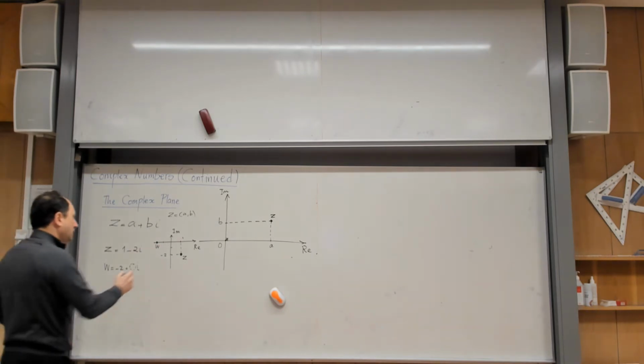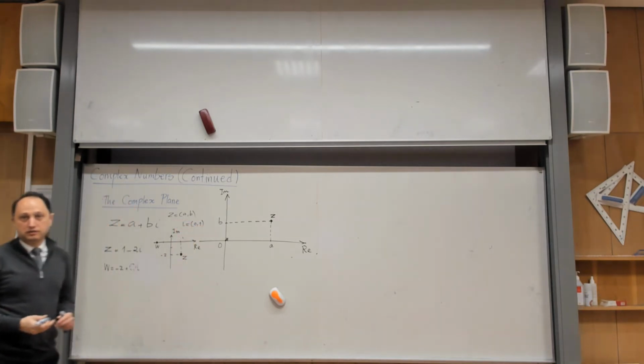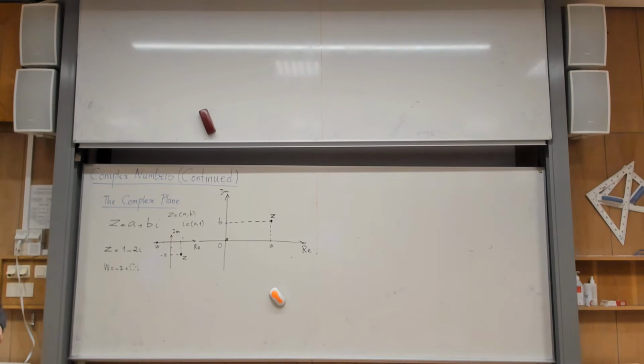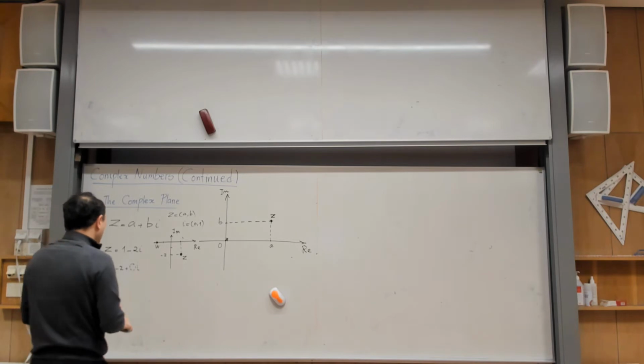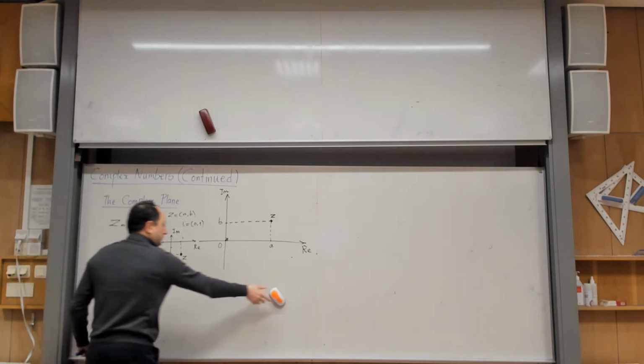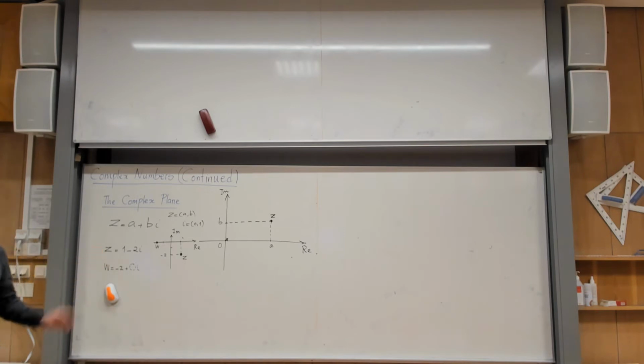So they define i to be this ordered pair. Of course, the consequences would be the same, but it would be a firmer, more rigorous mathematical way of doing things. Okay, do you have any questions regarding this representation?